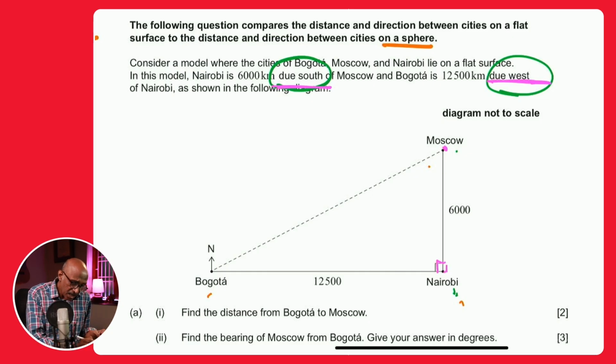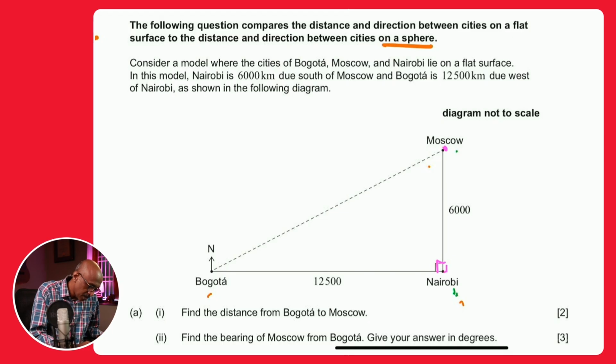In the same way, Bogotá being due west of Nairobi means the line joining Nairobi and Bogotá runs left, but along a perpendicular. So that's 90 degrees. That's how you have to interpret the word due. Keep that in mind.